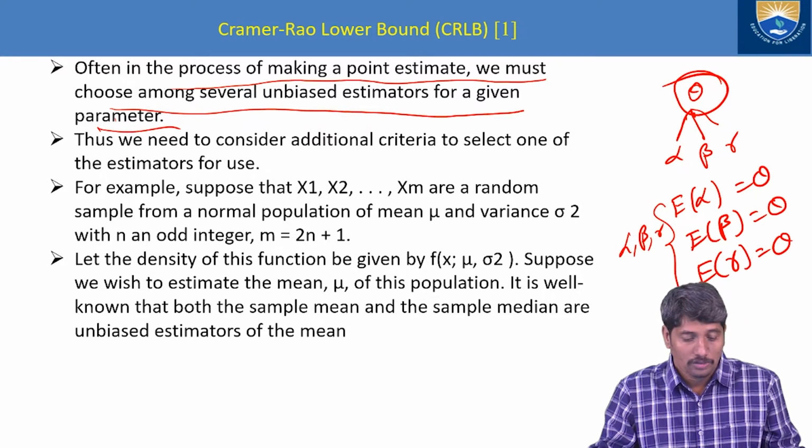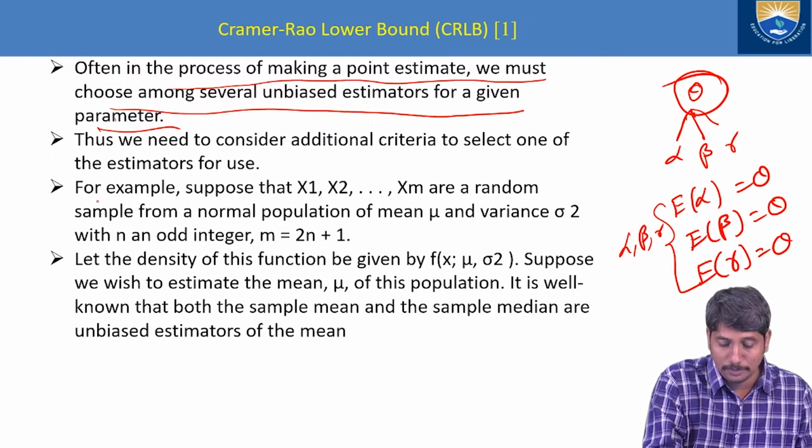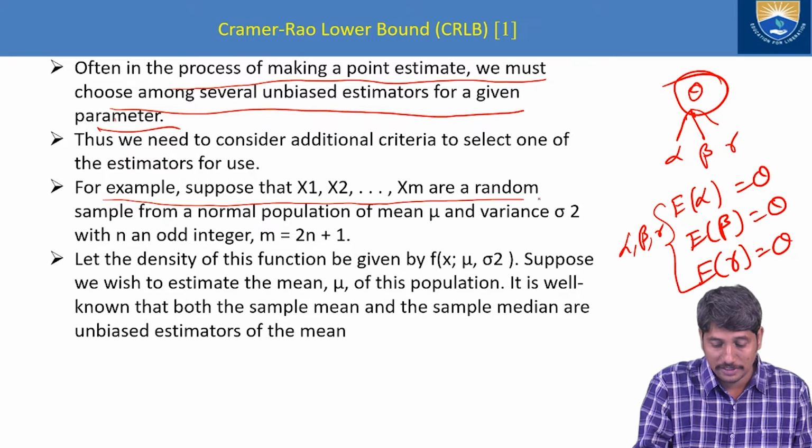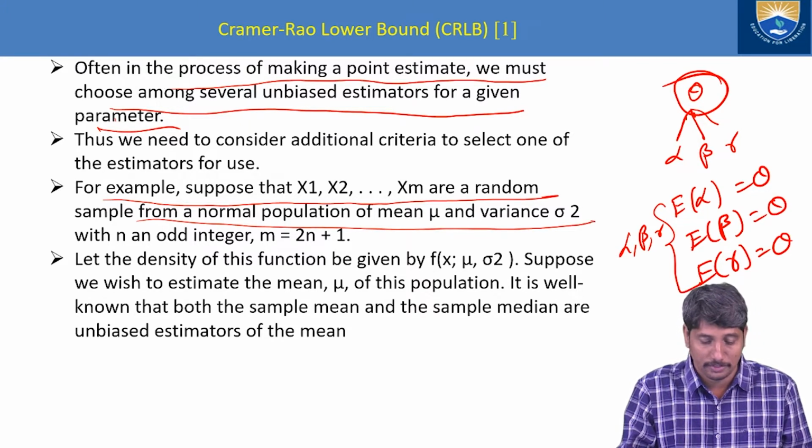For example, suppose x1, x2, and so on, xm are a random sample from a normal population of mean mu and variance sigma square.